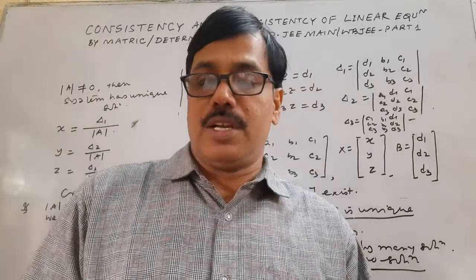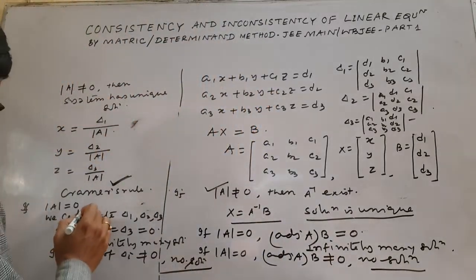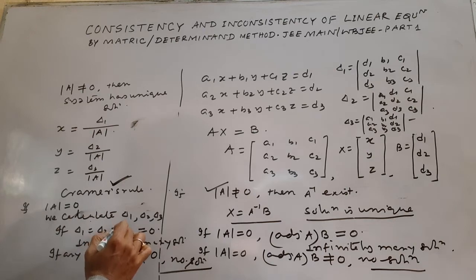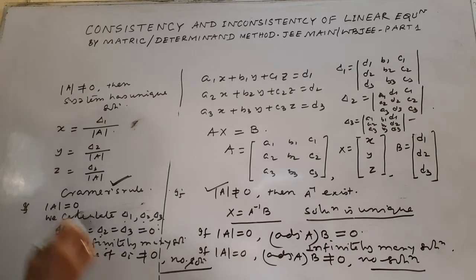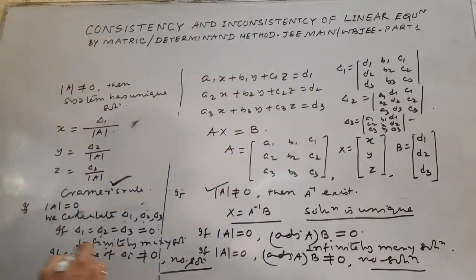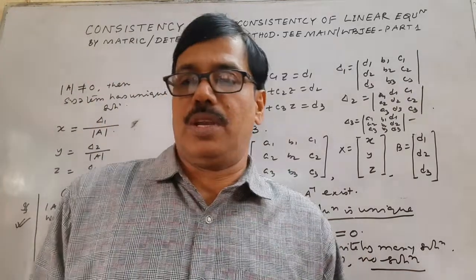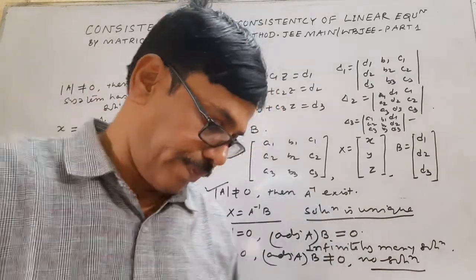If determinant A equals 0, then there are two possibilities: delta 1, delta 2, delta 3 all 0, infinitely many solutions; if any one of delta i is not equal to 0, no solution. So we prefer using determinants, because calculating adjoint of A into B is lengthy.